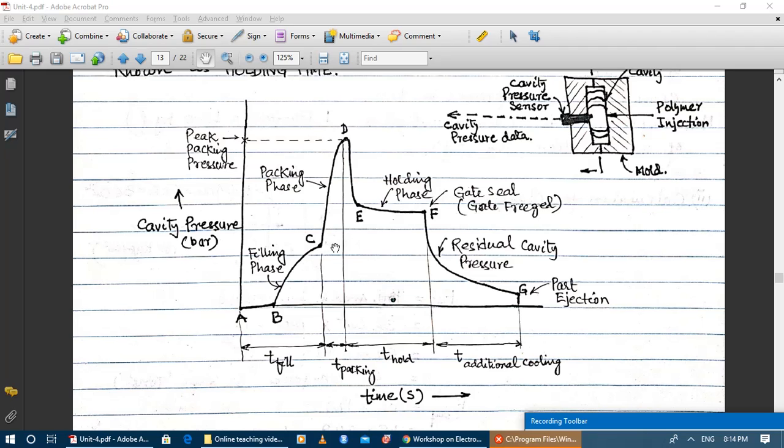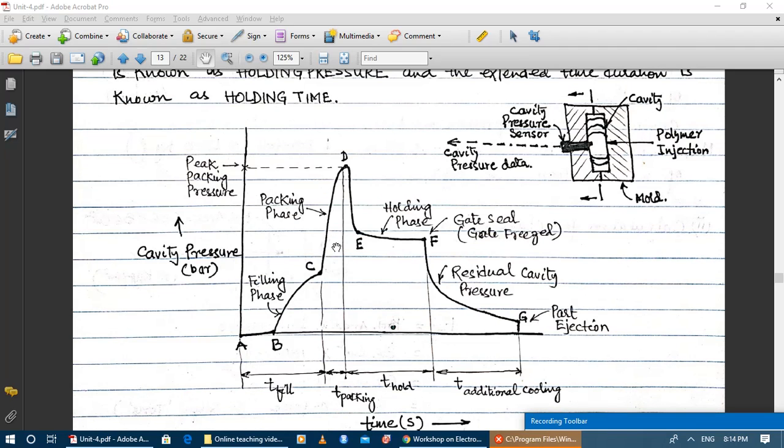Still, you have to pressurize the melt in order to avoid voids and shrinkage of the molded component. So you need more and more pressure to compress the melt inside the cavity. So from C to D is the packing phase.